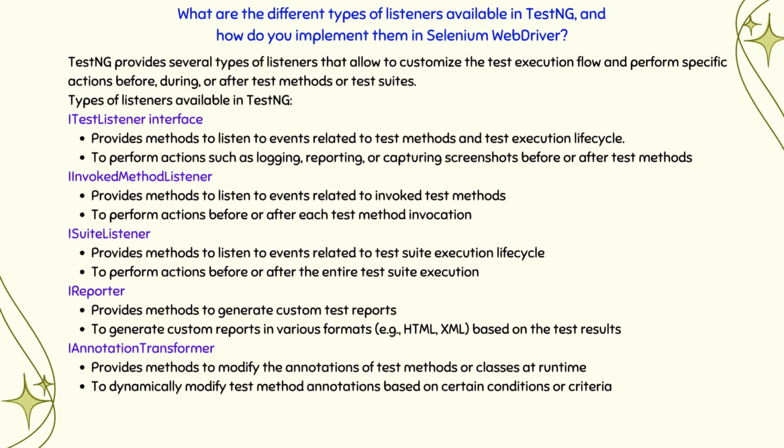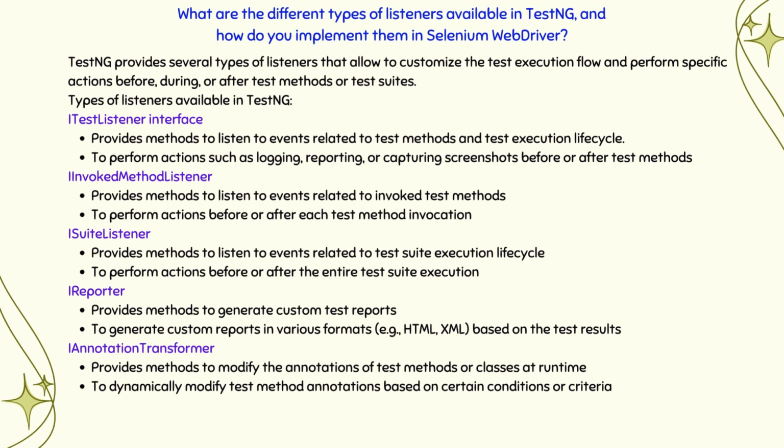IInvokedMethodListener provides methods to listen to events related to invoked test methods. It is implemented to perform actions before or after each test method invocation. ISuiteListener provides methods to listen to events related to test suite execution lifecycle. It can be implemented to perform actions before or after the entire test suite execution.